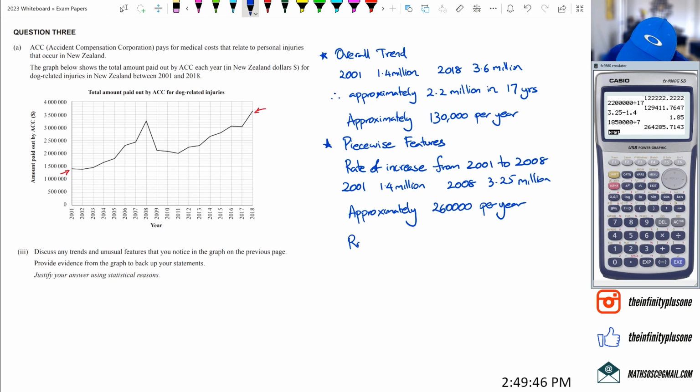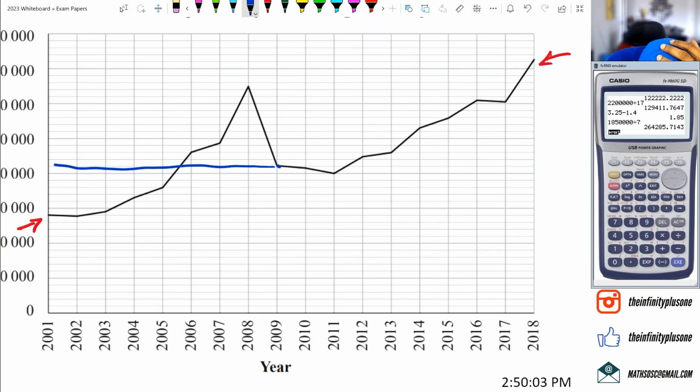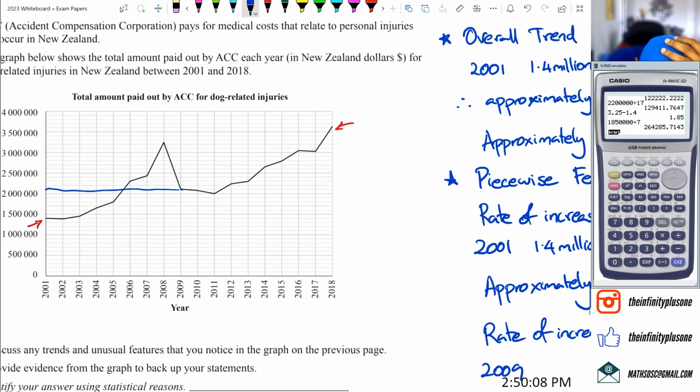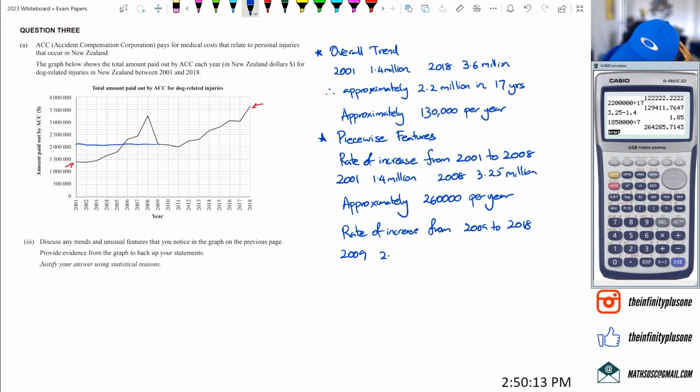And then I want to have a look at the rate of increase from 2009 to 2018. In 2009, which was here, around 2.1 million. And then 2018 was 3.6 million.